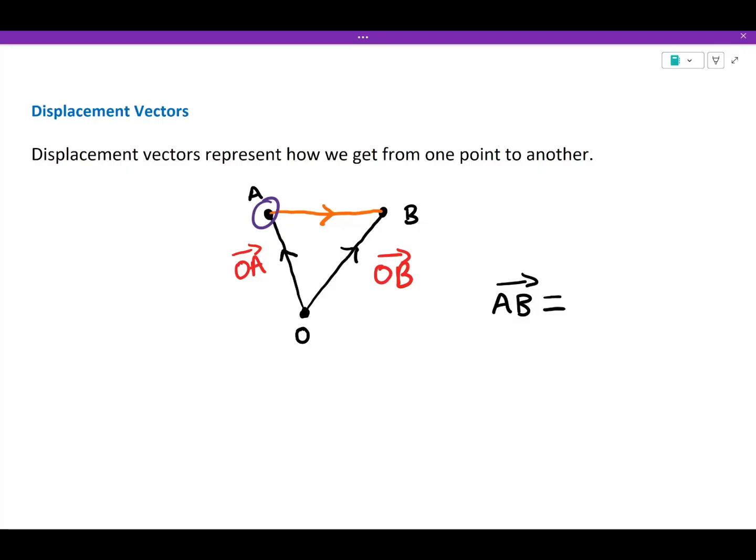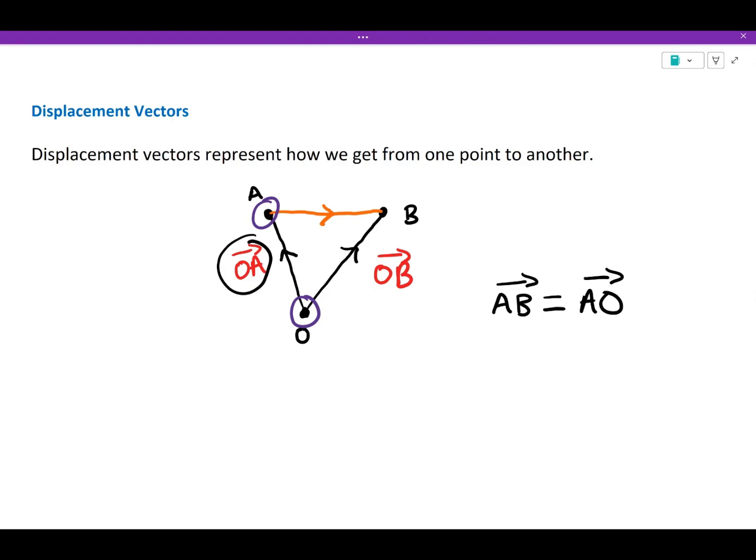So what we could start by doing is going from A down to O. So I would write A to O. However, if we look at my diagram, the current vector I know is O to A, because that's going from O to A, but I want to get from A to O. Now that is the return vector. What is the relationship between a vector and its return vector?